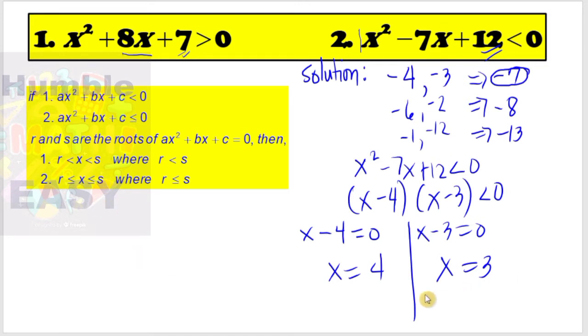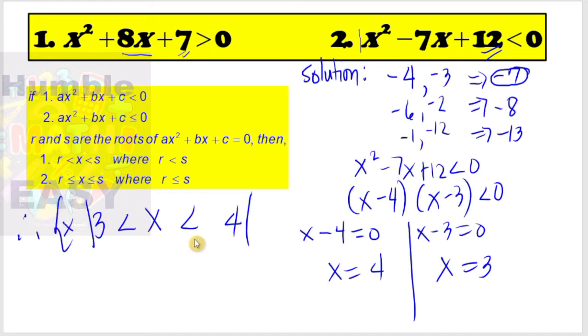So in this given problem, since 3 is lesser than 4, we now arrange them: 3, then 4. So x is greater than 3 but less than 4. So we could say now that the solution set is the set of all x such that x is greater than 3 but less than 4.